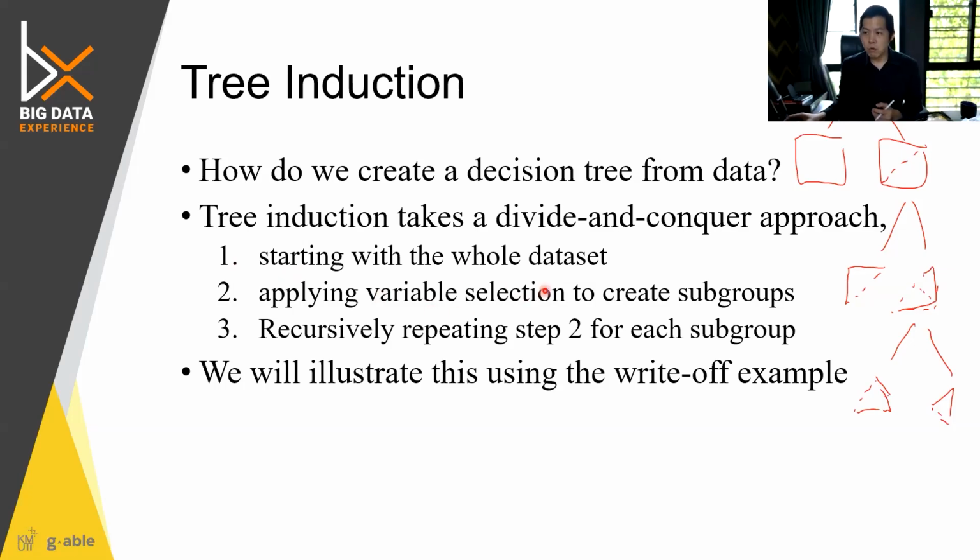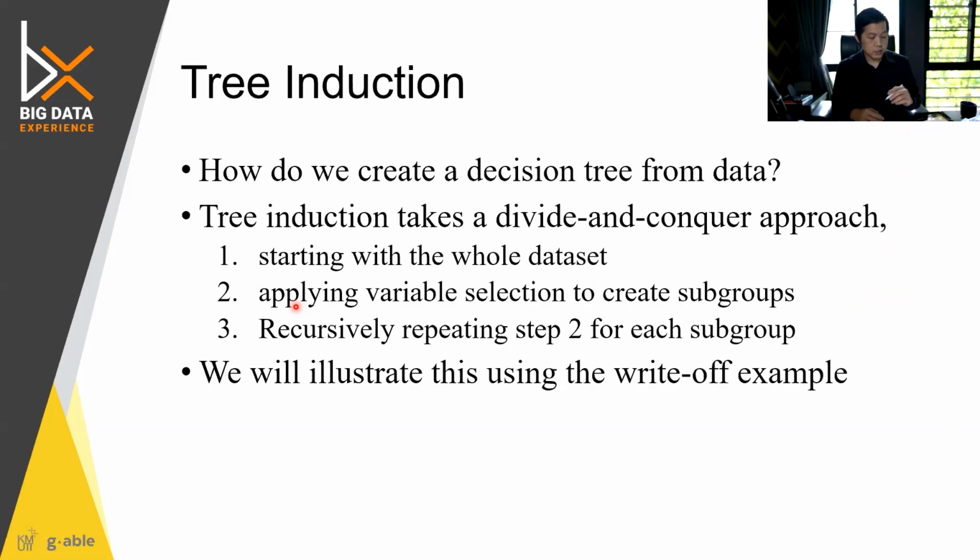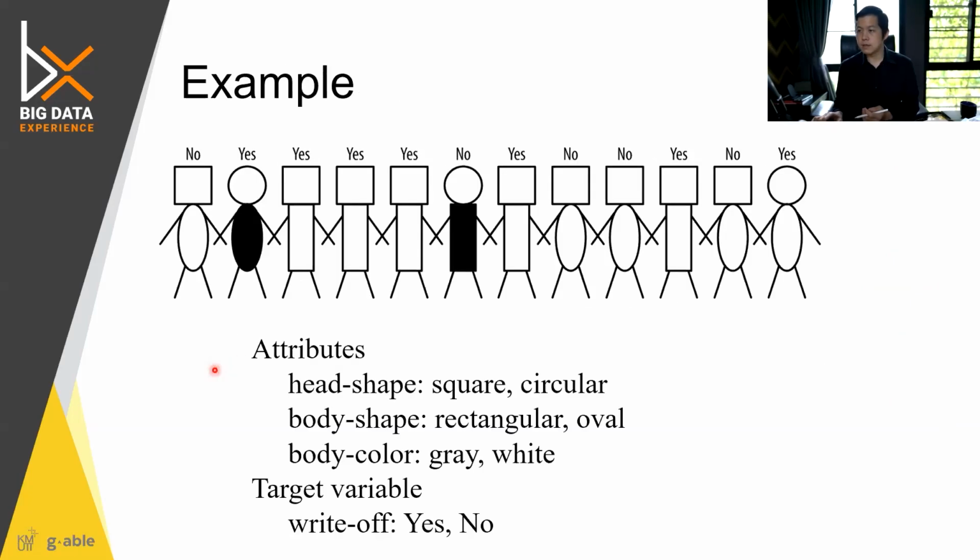So starting with the whole data set, you apply the variable selection, divide them into subgroups, and then recursively repeat step two a number of times, until you reach the criteria to stop. That's the idea of this decision tree induction. Let's take a look at an example. It would explain this a lot.